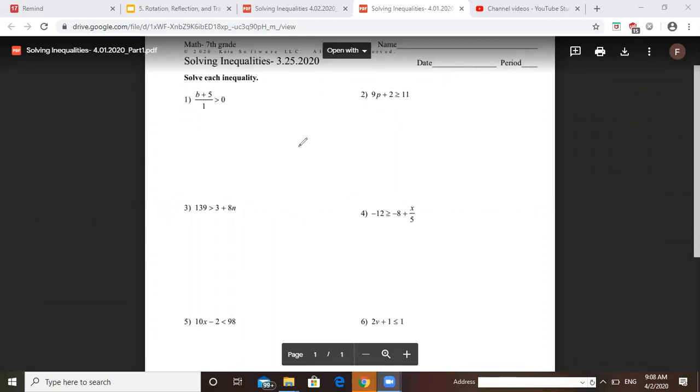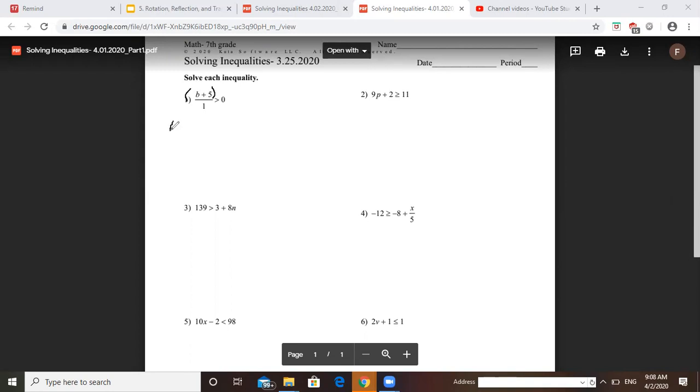So let's start with number 1. Number 1, we have b plus 5 over 1. You can just say this is b plus 5 over 1 in parentheses. It would just be easier to see that we can get rid of this 1 first.